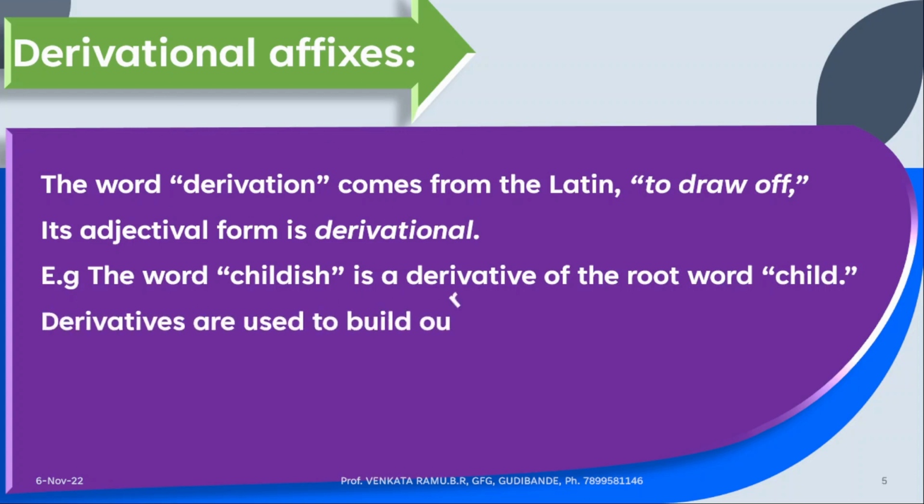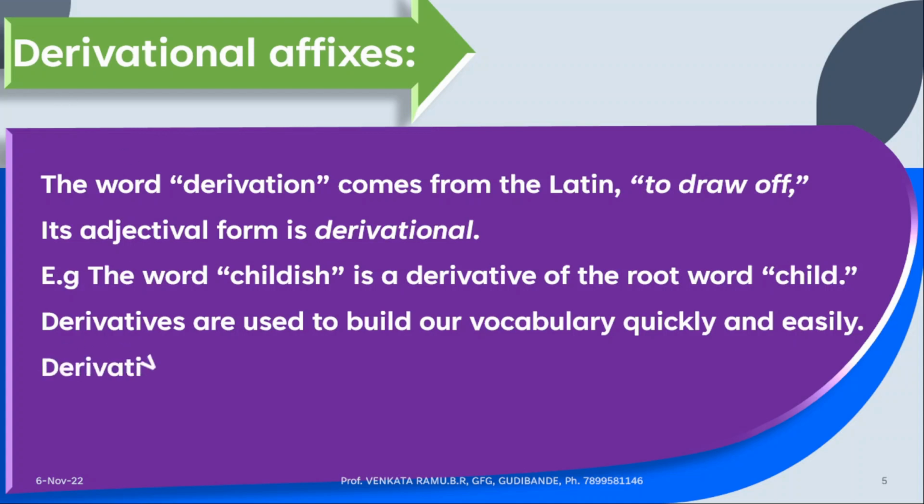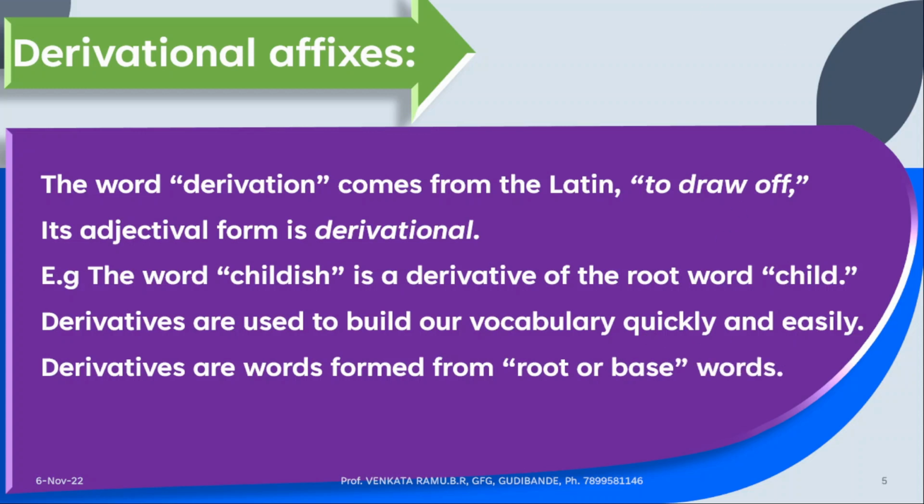Derivatives are one of the most powerful tools we can use to build our vocabulary quickly and easily. In the English language, derivatives are words formed from another word or words. They are words formed from other root words or base words.